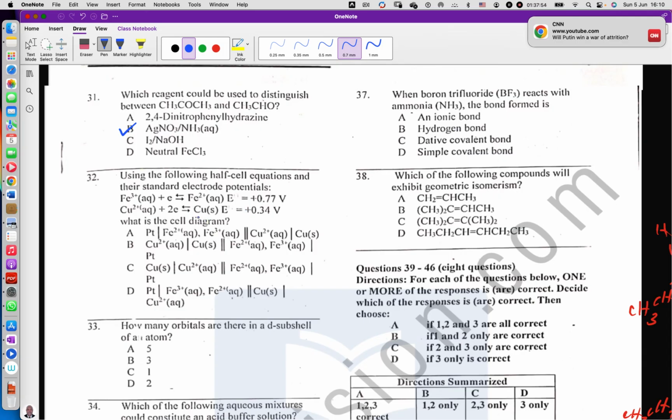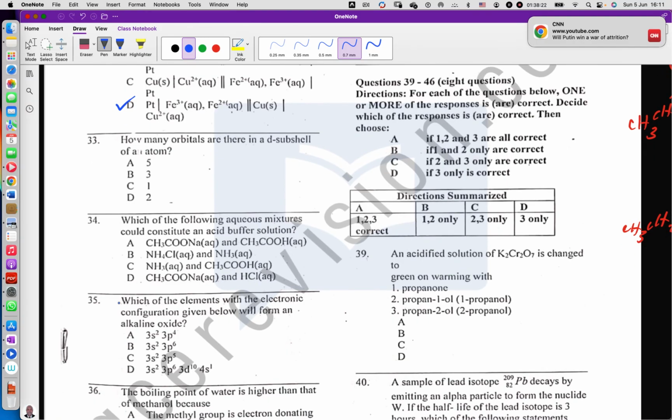Copper will be oxidized from copper to copper(II) after losing electrons. So D is our right answer. 32 D is our right answer.